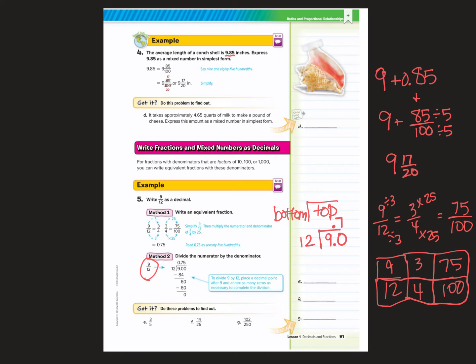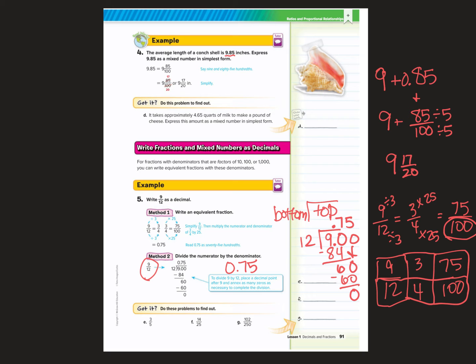I know that's a 7, because 12 times 7 is 84. I have 6 left over. I don't have anything, so I add a 0 in. 60 divided by 12 is 5, because 12 times 5 is 60. So our decimal here would be 0 and 75 hundredths. We have the option of trying to get a denominator of 10 or 100, or we can just divide it out. Both options will work.